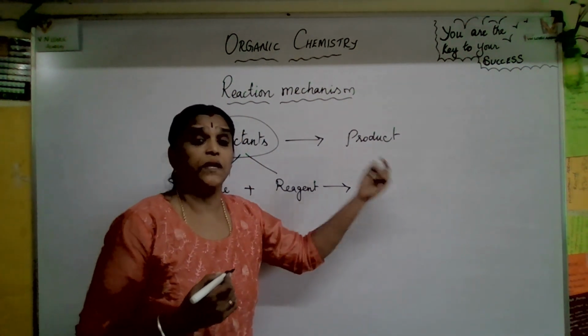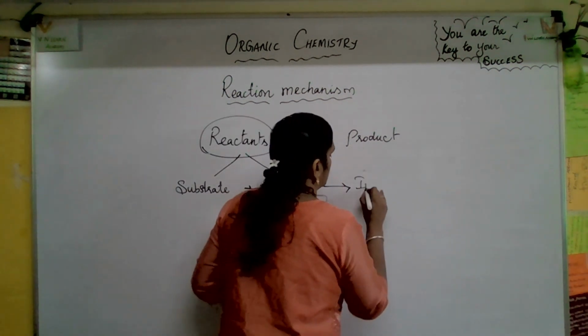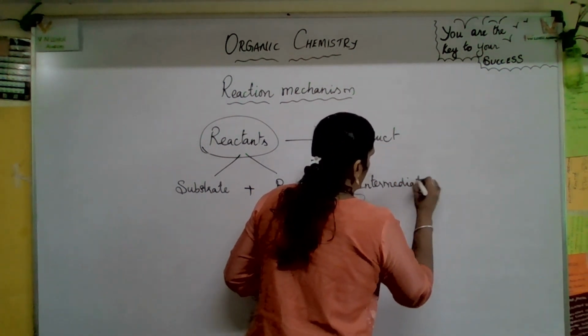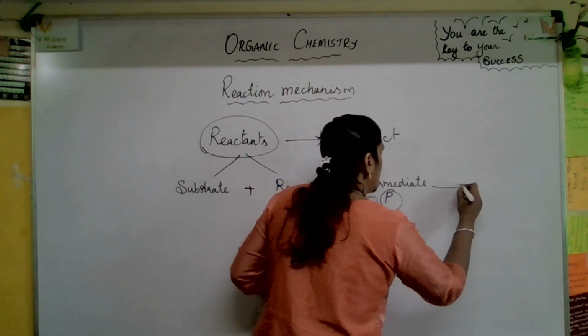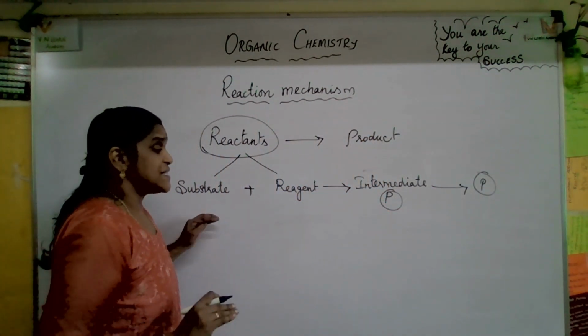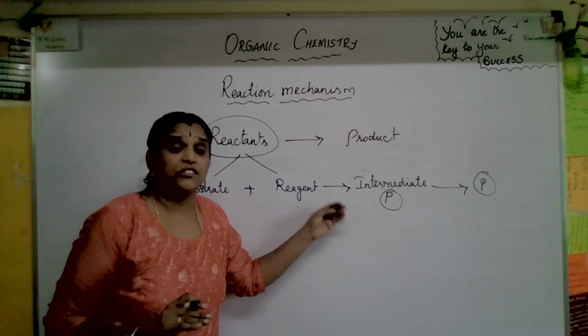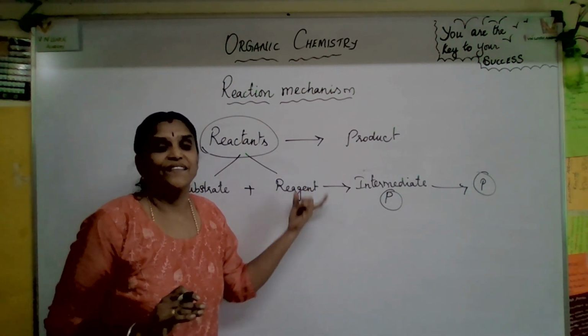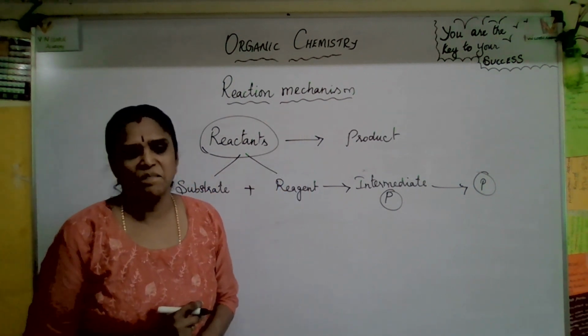First and foremost, you will get an intermediate product. Then finally you get a final product. That step by step process taking place is called reaction mechanism.